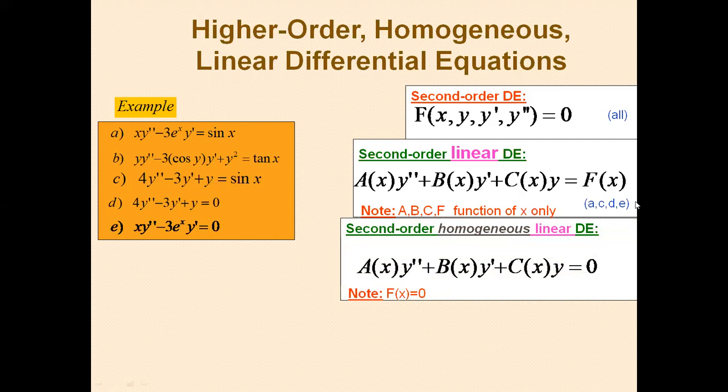This is the format for a second order homogeneous and linear DE. Which of the following is under this particular category? Second order, homogeneous, and linear.